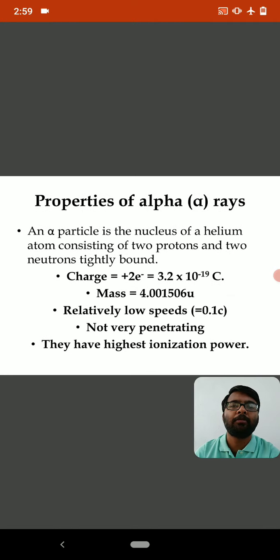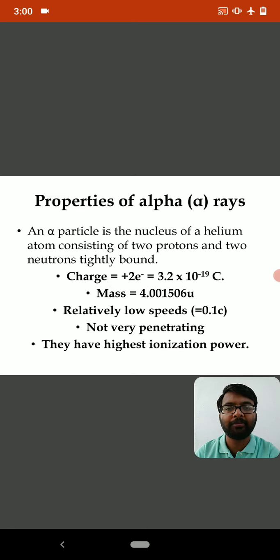So what are the properties of these alpha radiations or alpha rays? An alpha particle is the nucleus of a helium atom consisting of 2 protons and 2 neutrons.